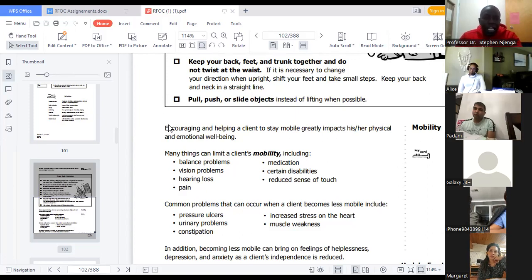So encouraging and helping a client to stay mobile greatly impacts their physical and emotional well-being. So you're supposed to support the client to be independent as much as you can. You cannot just be pulling them out of the bed and returning them to bed. And encourage them. If you see small successes, always tell them, hey, you are doing very well.